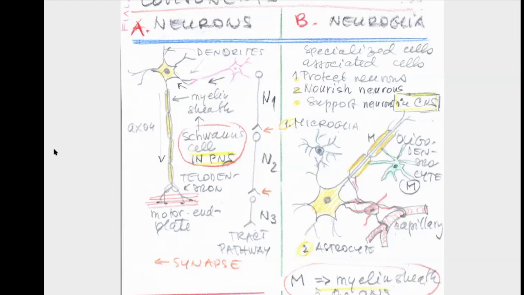So we can distinguish between the peripheral nervous system, where the myelin sheath is formed by the Schwann cells, as we said before, and the central nervous system, where the myelin sheath is fully in the hands of the oligodendroglia.